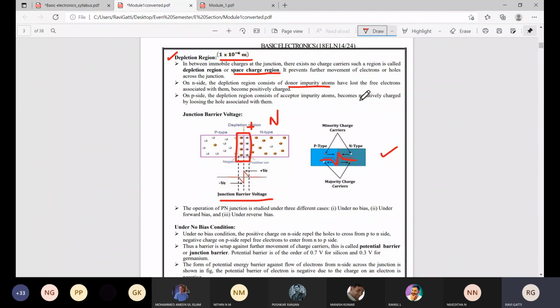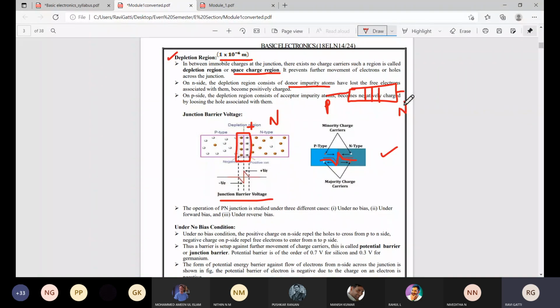If I create a PN junction diode, you will have a p type material and an n type material. The positive ions will be attracted over here and the negative ions over here, so a depletion region will be created. This is what happens in general when you create a PN junction diode.